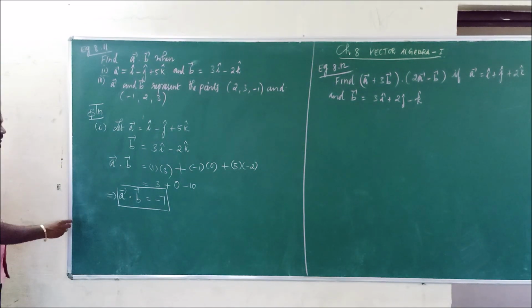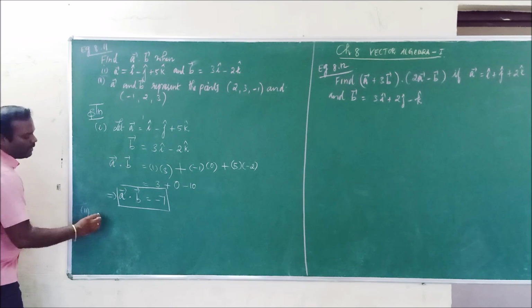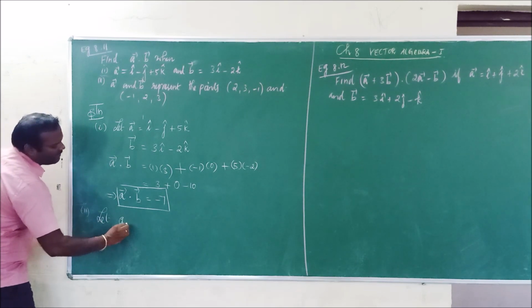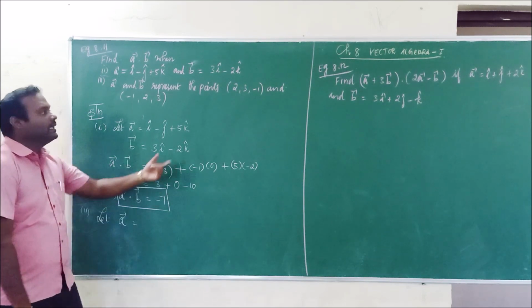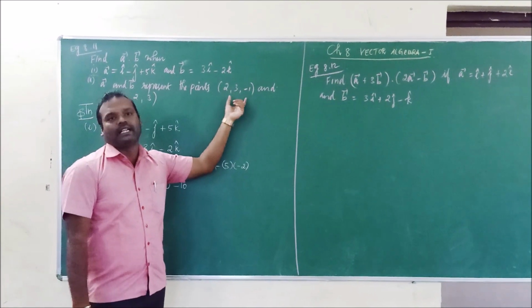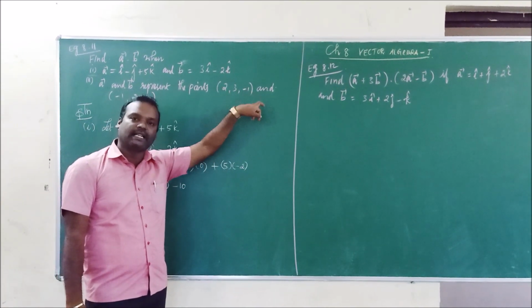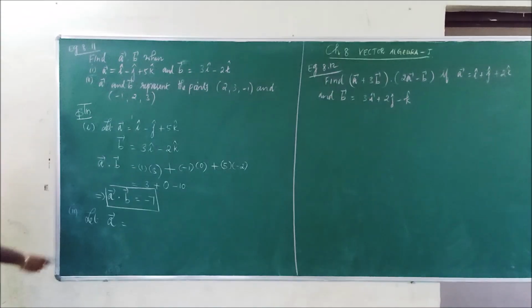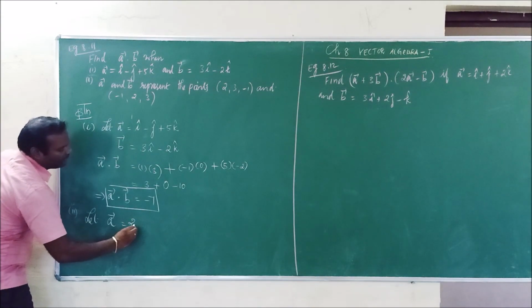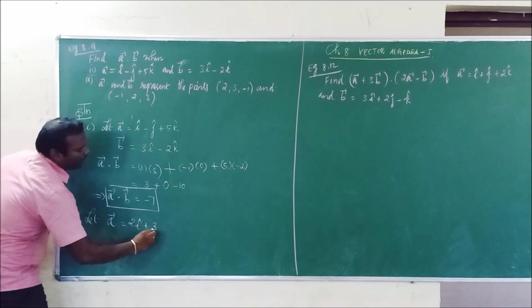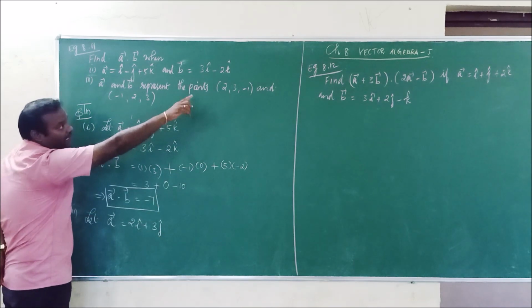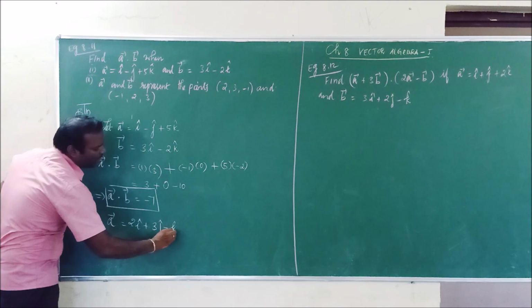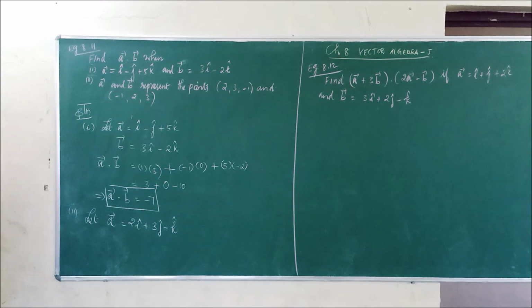Next, the second subdivision. Let A vector be equal to the given point, and you have to make this point a vector. You know how to convert a point into a vector. You do it like this: 2I cap plus 3j cap minus 1, so minus 1 into k cap is minus k cap.